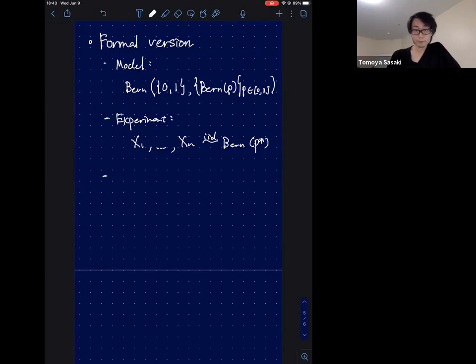When we're doing hypothesis testing, we're going to set up two hypotheses. Can someone name one of those two? The first one is the null hypothesis, which we often denote with H naught.